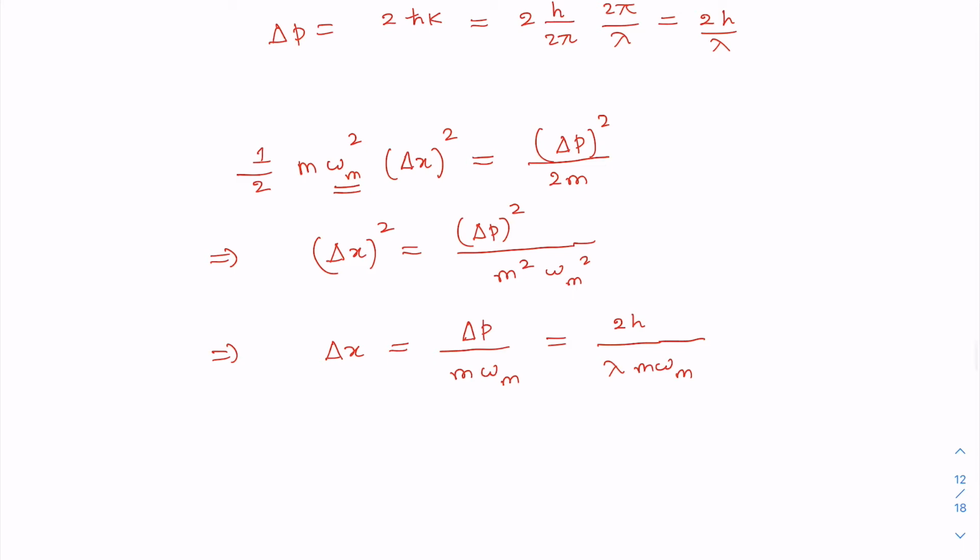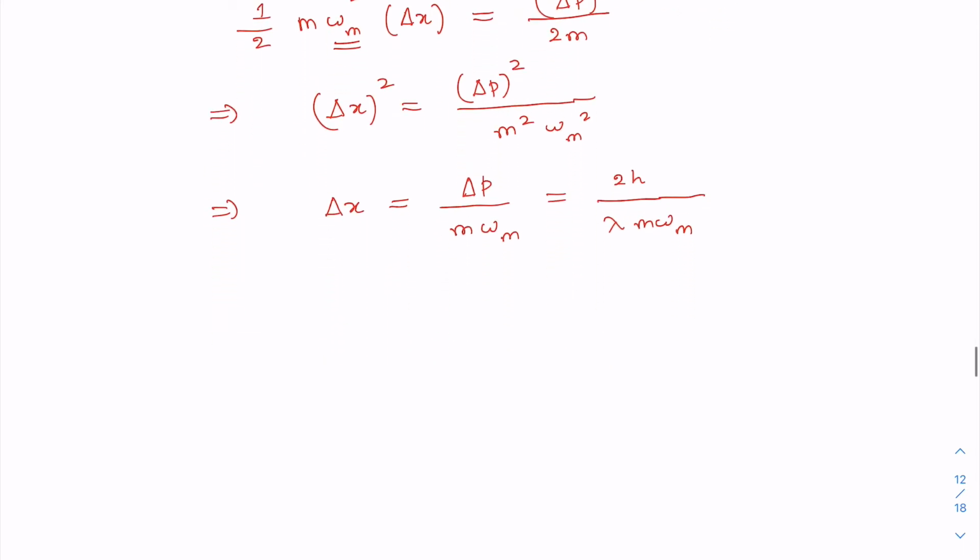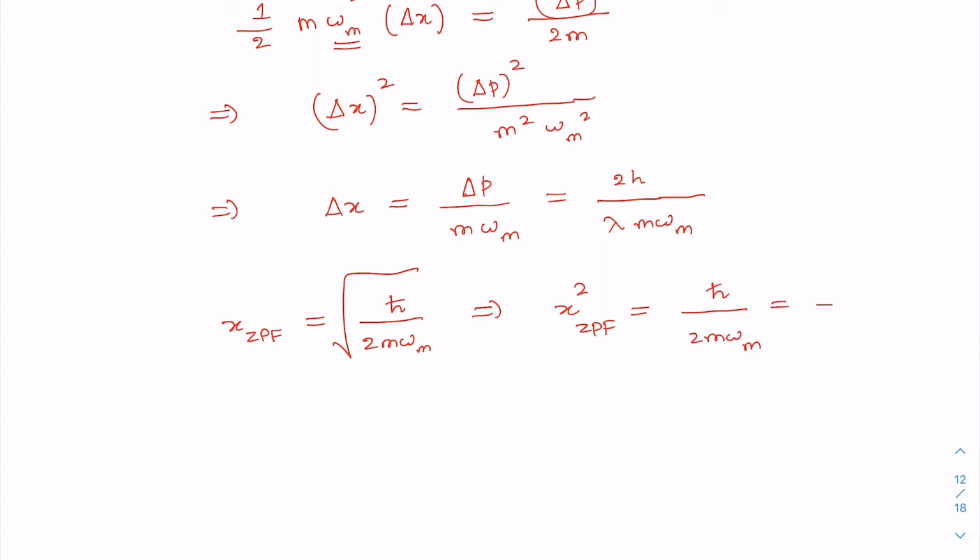Now you know the so-called zero-point fluctuation, which we discussed when we discussed the mechanical harmonic oscillator. The zero-point fluctuation x zpf square is equal to h cross divided by twice m omega m, or I can write it as h divided by 4 pi m omega m.